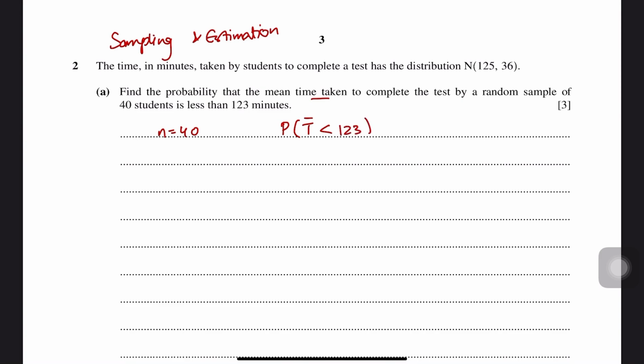Okay, T bar is going to have the distribution N(125, 36 divided by n). So this becomes z equals 123 minus 125 divided by root of 36 over 40.